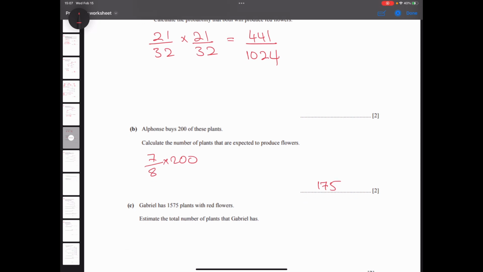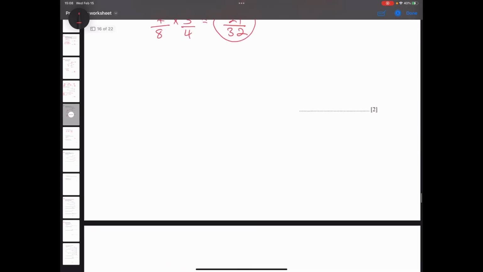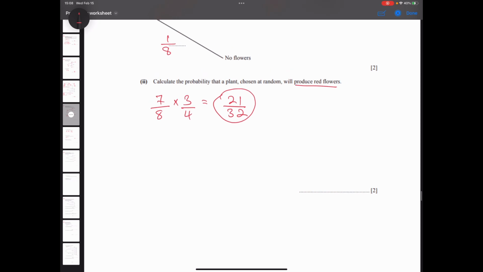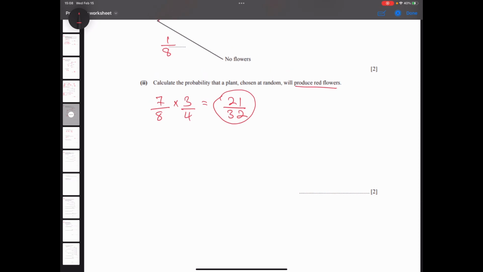Gabriel has 1,575 plants with red flowers. Estimate the total number of plants that Gabriel has. So I need to go back to 21 over 32. That's the probability of getting a red flower.